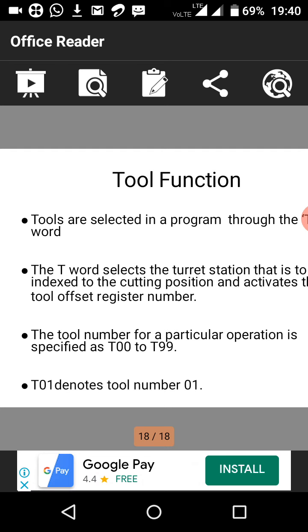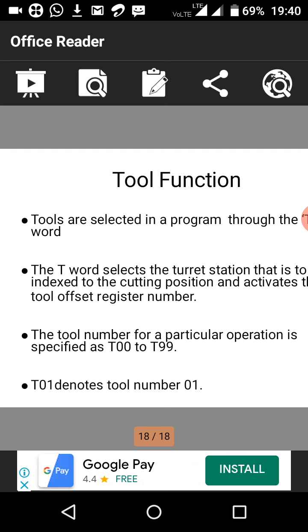All the tools used in NC should be assembled and measured using the tool presetter with their lengths. So all tools should therefore be arranged in the toolbox only. These tool lengths are recorded and manually entered and stored in the machine memory. So whatever program we write, it enters into the machine memory, and according to that, the tool will be picked up.